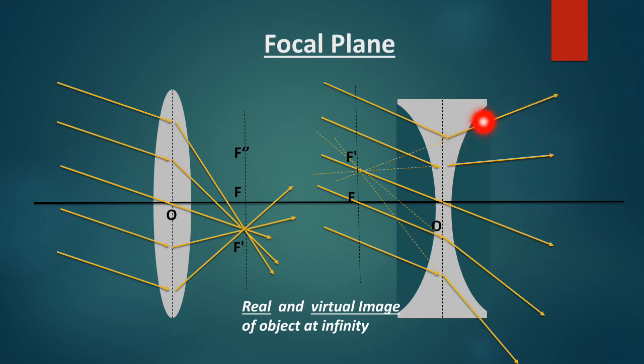To predict the position from where these rays are coming, we will produce the rays backward, and we will find a point here. That point gives the virtual image of that infinite object from where these rays are coming. And the position of this virtual image will be on the focal plane of this concave lens.